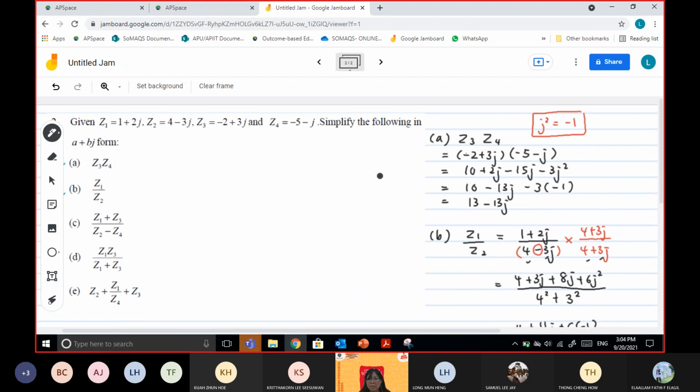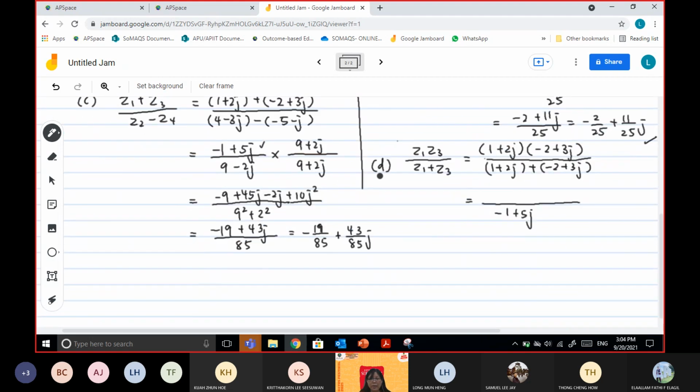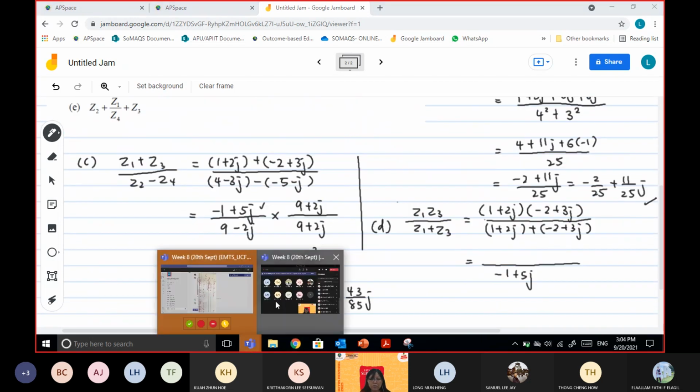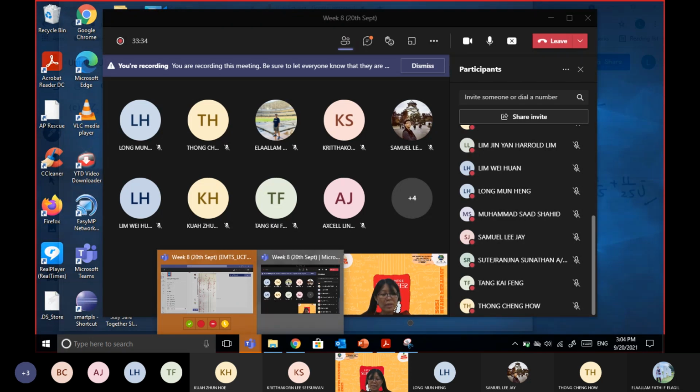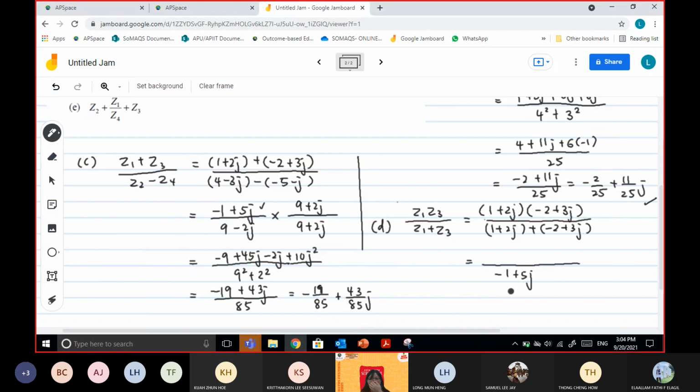Did we expand Z1, Z3 earlier? No. Can I have another student expand it for me? Muhammad Saad, what is the expansion for the top? Or you can type it.